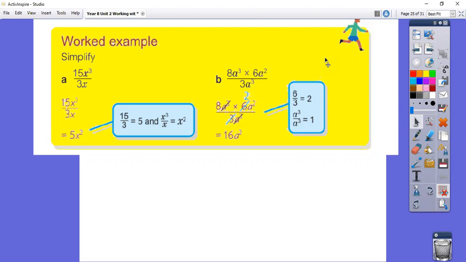So you could have said 8 times 6, then divided by 3 to give you 16. And then a to the power of 3, remember when we're multiplying indices, we add the powers. So that would give you 5. Then a to the power of 5, subtract a to the power of 3, which will give you a to the power of 2.